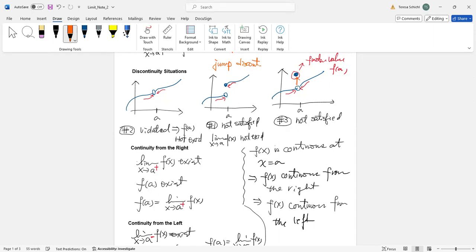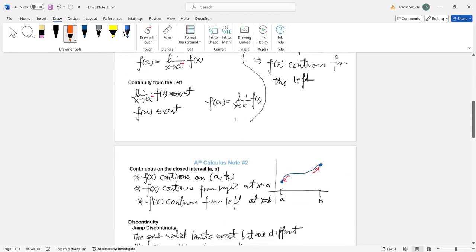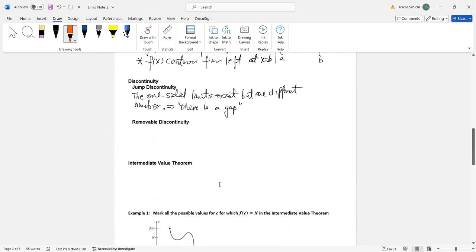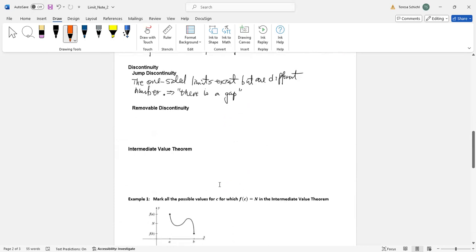For this one, we can redefine this number. If we redefine this number, then we will be continuous. So for this situation, we call it removable. Let's look at what a removable discontinuity is.